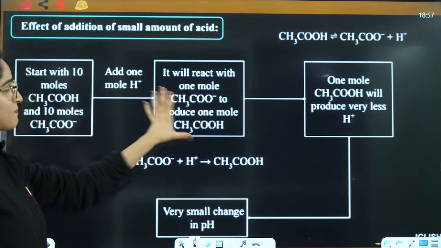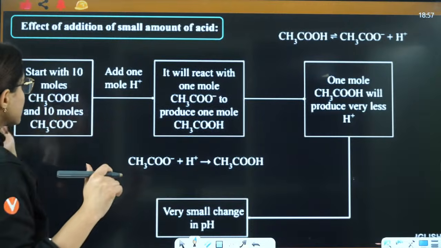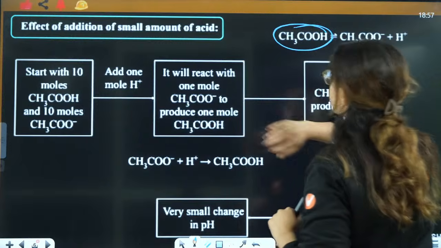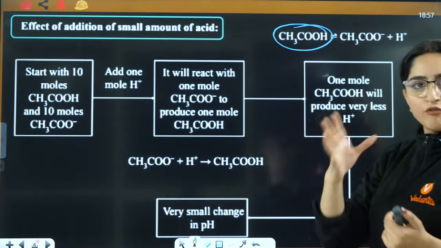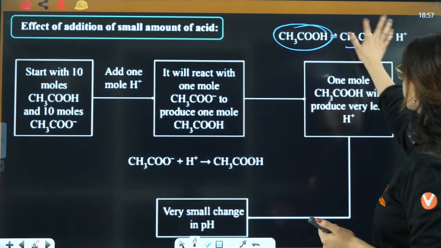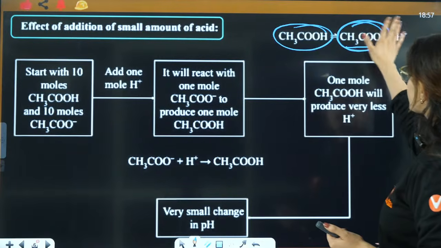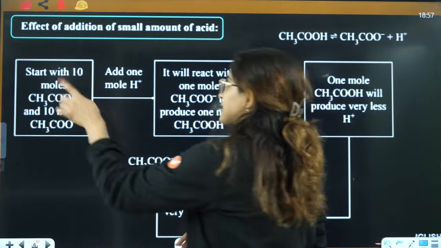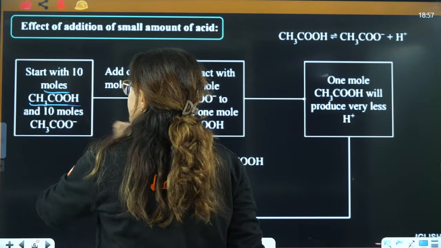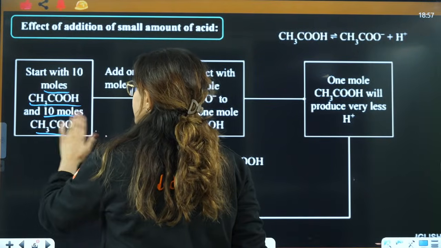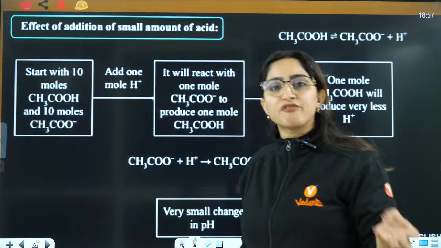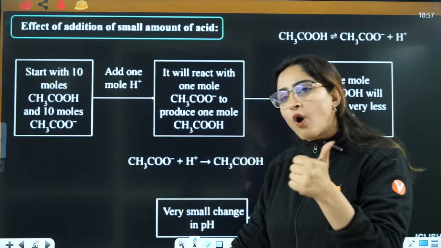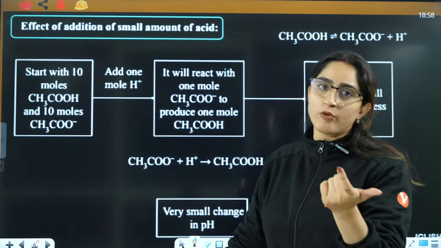Now, see this page. All the things will apply here. This is the dissociation of CH3COOH, which is again a weak acid. This dissociates into CH3COO negative, right? Start with 10 moles of CH3COOH and 10 moles of CH3COO negative. That means now we have taken equal moles of weak acid and the salt of weak acid with strong base.